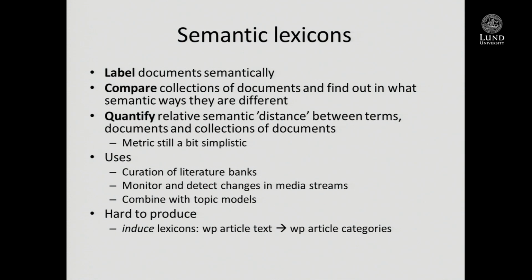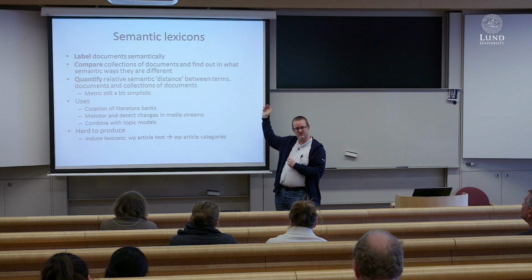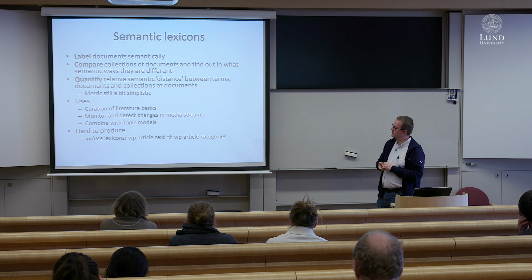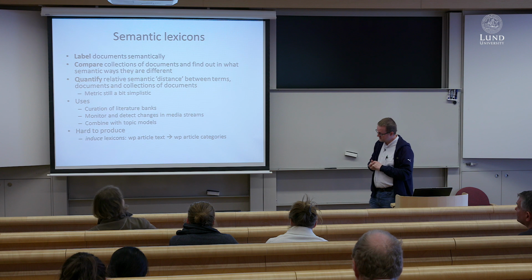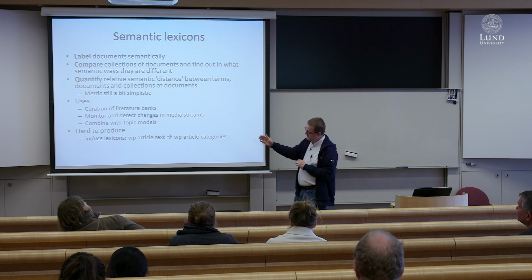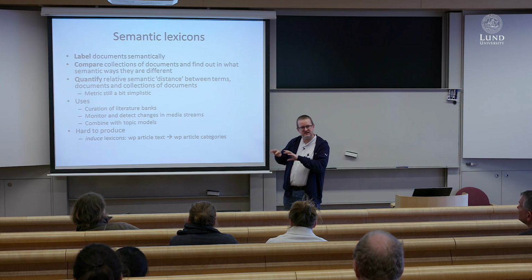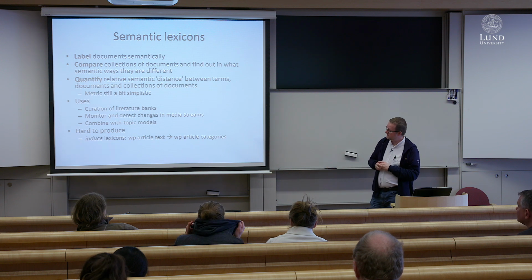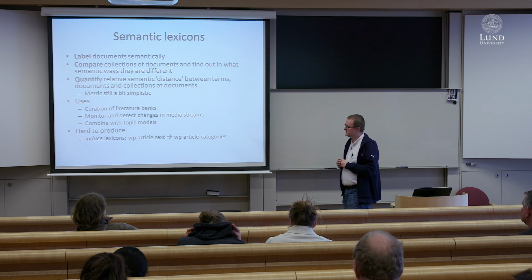And I think a nice thing here is that you can combine this with topic models, because we can now apply these semantic taggings on the words that we get out of the topic model. The semantic lexicon itself is quite hard to produce. I mean, somebody has to sit and actually determine everything here. So one idea we have for the future is to do this automatically.